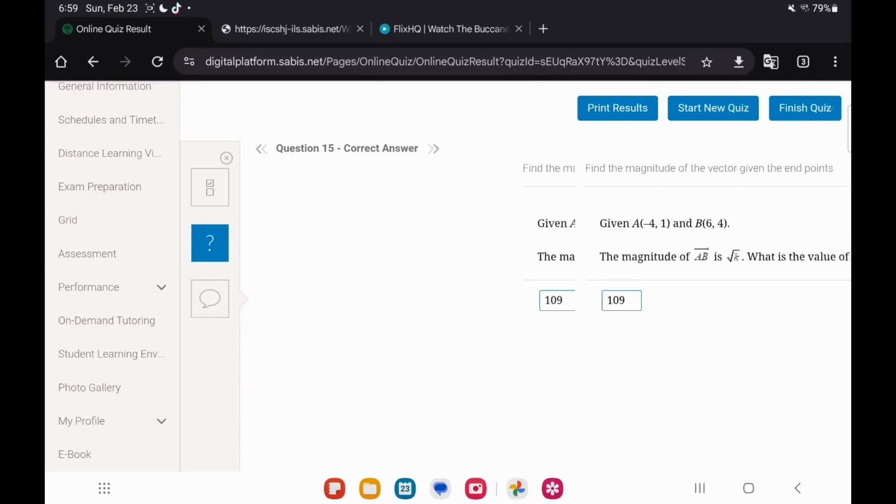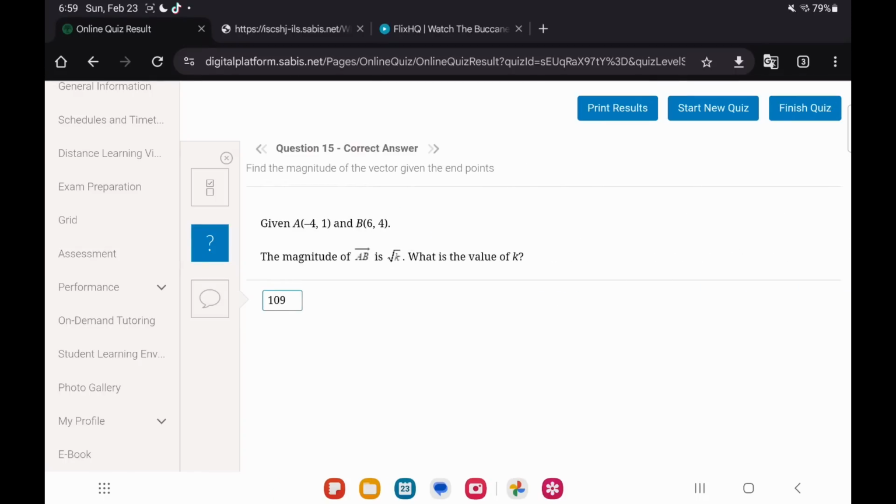Now question 15. The magnitude of a plus b. Okay, so we add every single one, and then we do the Pythagoras theorem thing. But in this question, we don't add, we minus, okay? Don't ask me why, that's just the rule, okay?